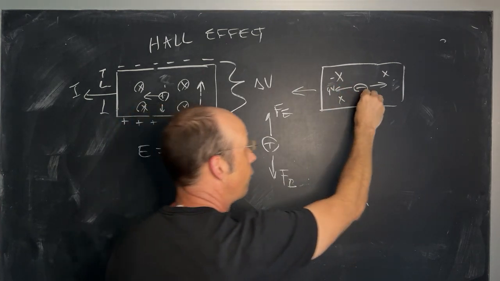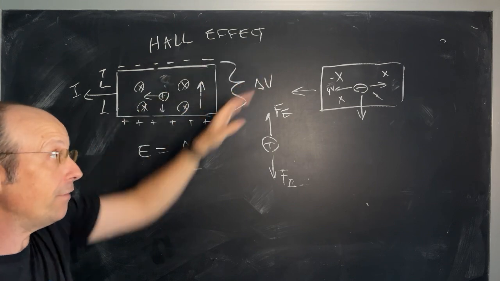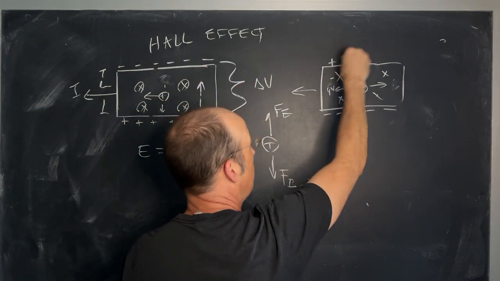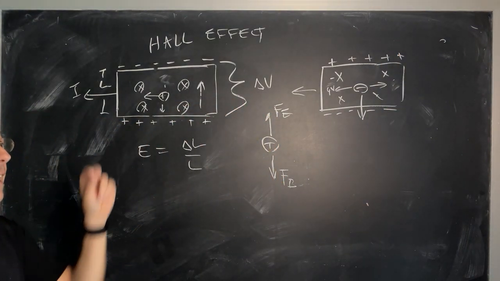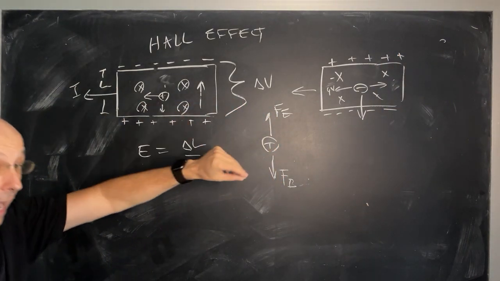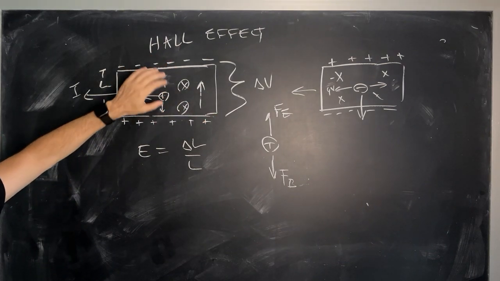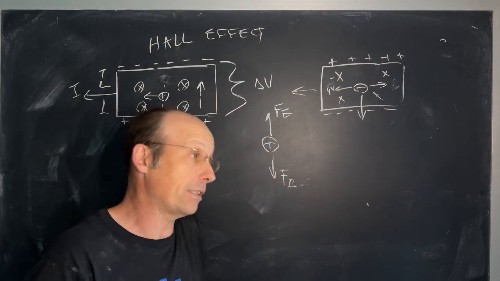So I still get the force being down. But now they're moving negative charges, so I'm going to get these negative charges down here, which is going to leave positive charges up there. So that's how we know that in a wire, it's the negative charges that move, because we can tell the difference between negative charges up here and positive down here, or positive up here and negative down there. And that's the whole effect.